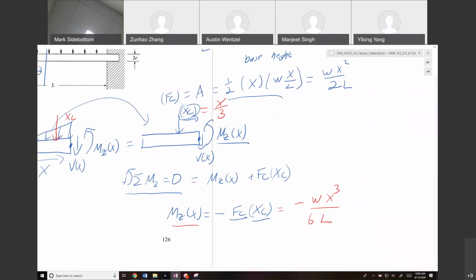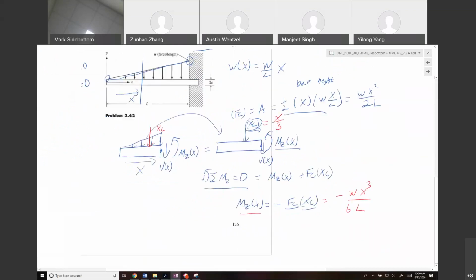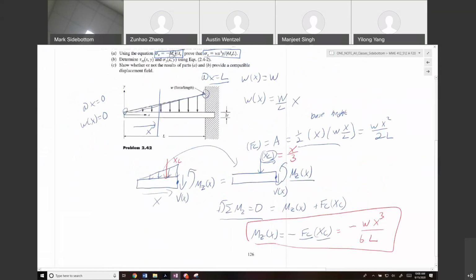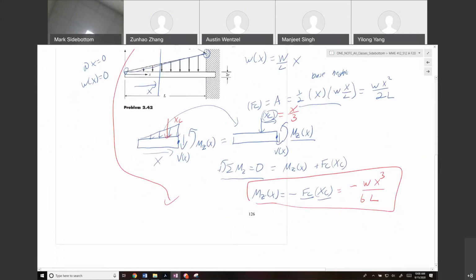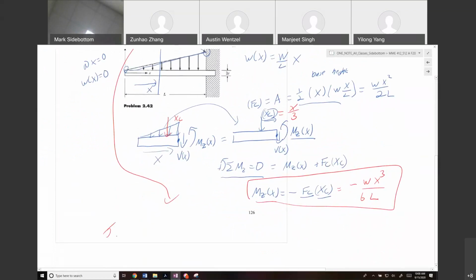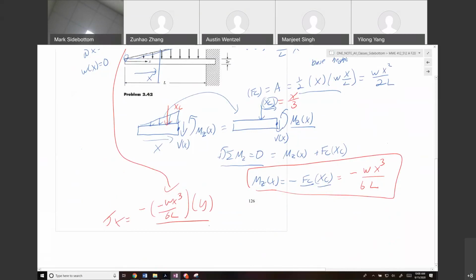All right. So we can then plug our Mz of x equation into our sigma x equation. So sigma x is equal to negative Mz of x times y divided by Iz.